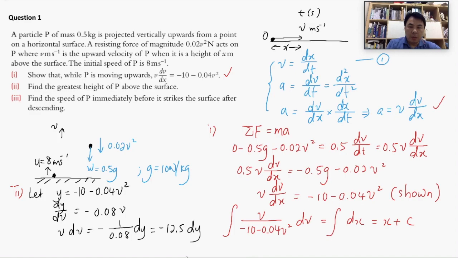Right, so just let me check one more time. Yeah, so it's negative 12.5 dy. This is what we have at this point, right? In the meantime, you can organize your thoughts on how to exercise the substitution method to perform antiderivative or integration in this case.